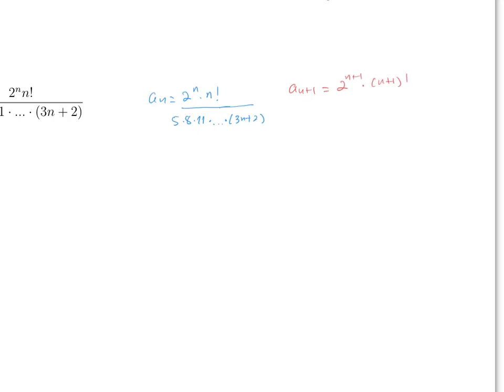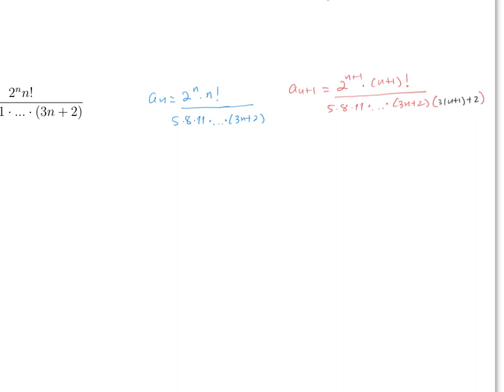It should be n plus 1 factorial. And then on the bottom, this should be 5 times 8 times 11, and so on, then 3n plus 2. And then the next value is going to be 3 times n plus 1 plus 2. So this is the part that many people usually miss.